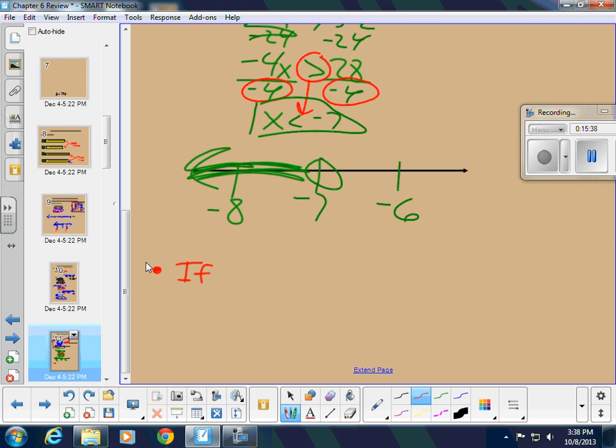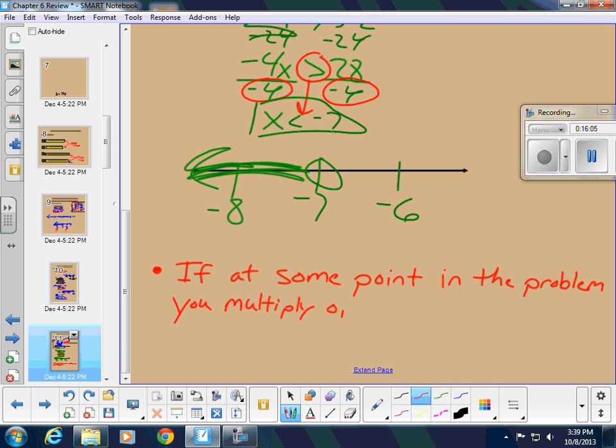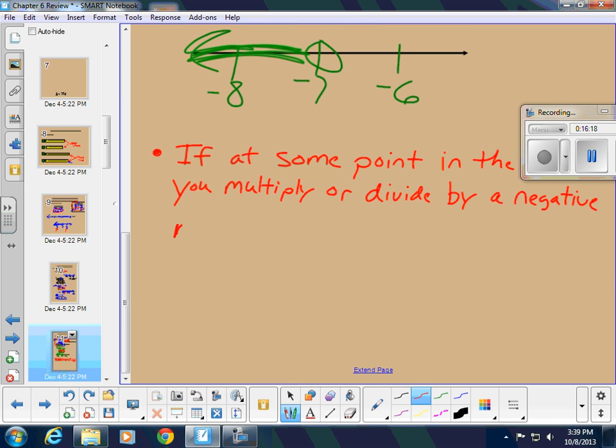Those couple examples I showed you where inequalities solve just like equations, but if at some point in the problem you multiply or divide by a negative number, you will need to flip the inequality around.